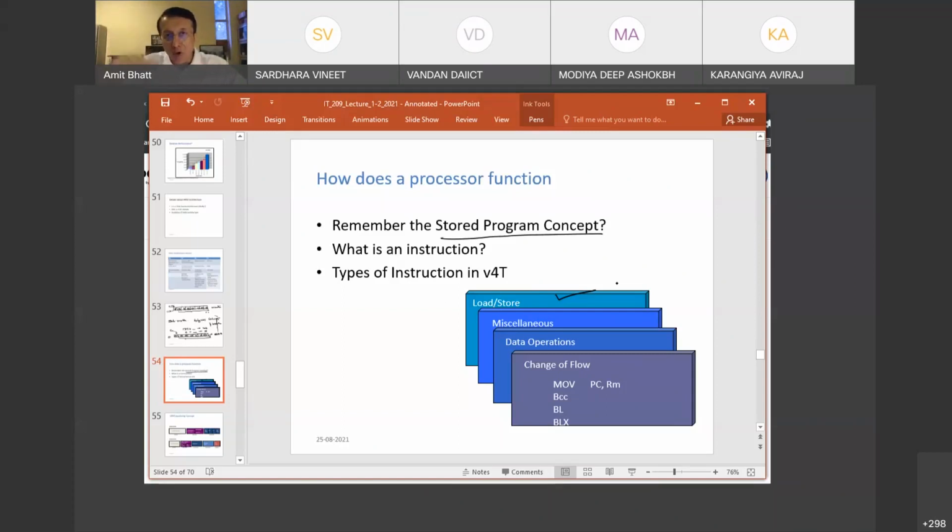The rest of all the instructions, which include your mathematics instructions, known as data operations, which could be logical or algebraic, operate only on registers. So you have to have load store. Then there are going to be data operations, that is algebraic and mathematical. Then there is change of flow, that means the branch instruction, move instruction, store value into PC instruction, and so forth.